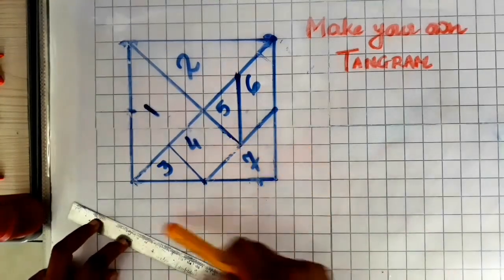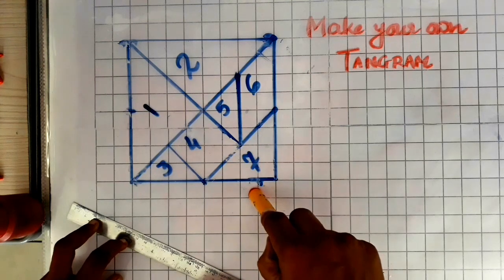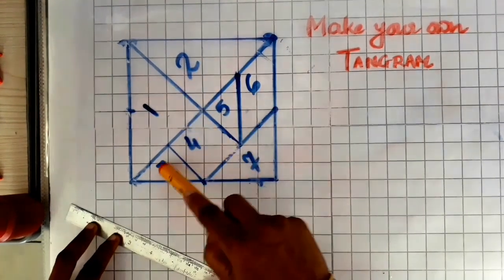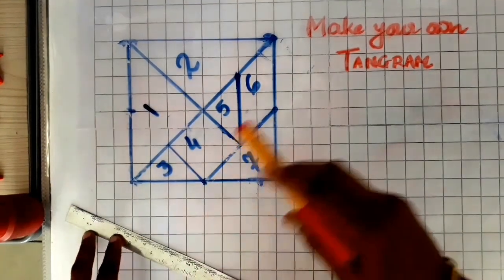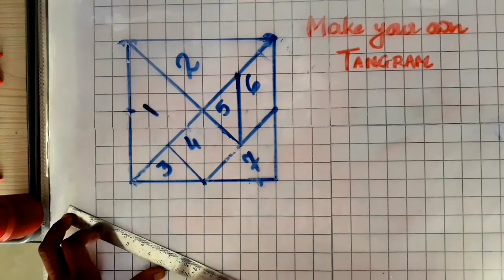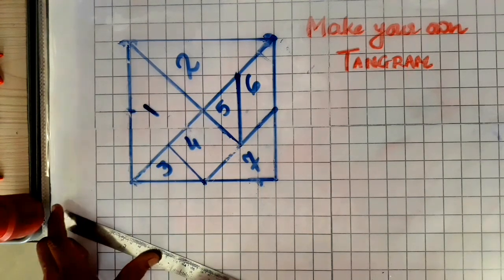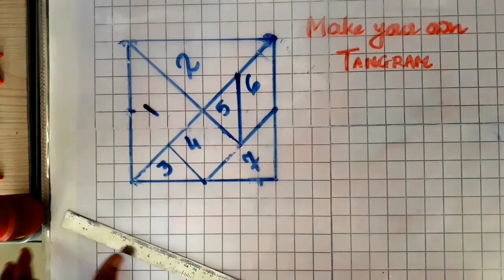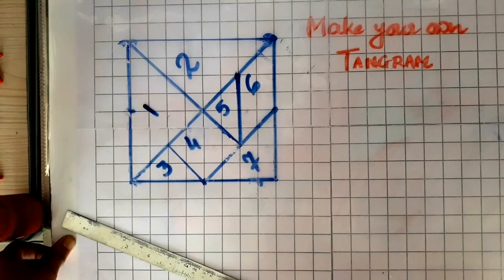So ultimately your square is divided into 7 parts: 1, 2, 3, 4, 5, 6 and 7. Now cut it along the lines and you have your tangram ready, through which you can make a lot of figures. Okay, a few of the figures as I have done, you may try it out to make the fish. Again we are going to see some sea creatures using tangram.